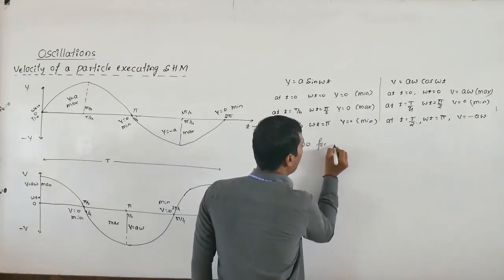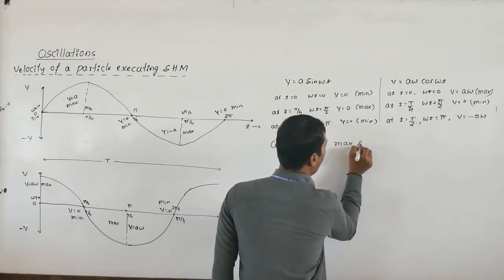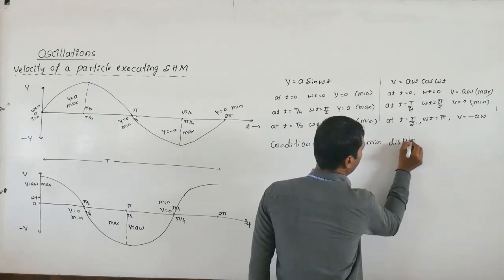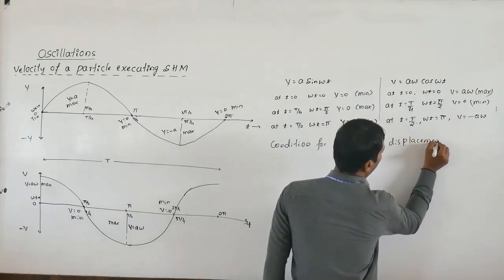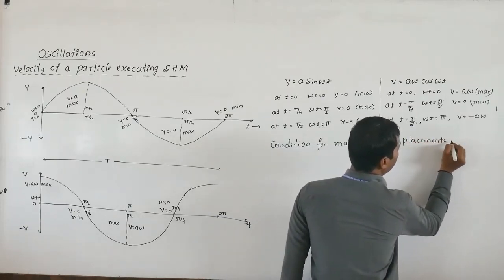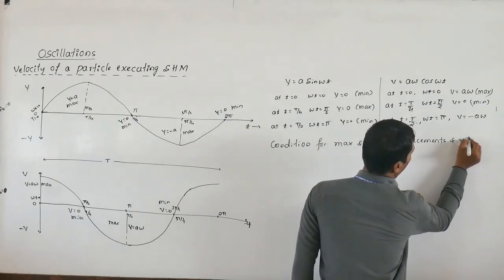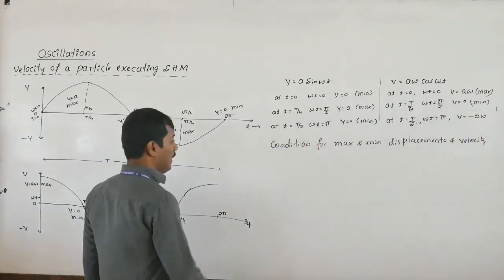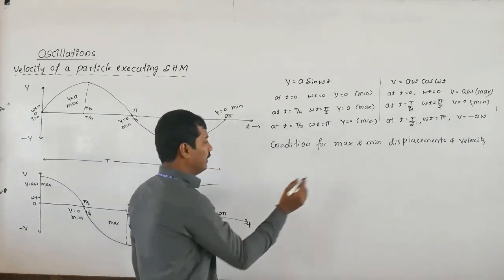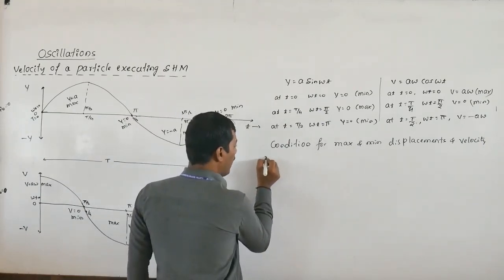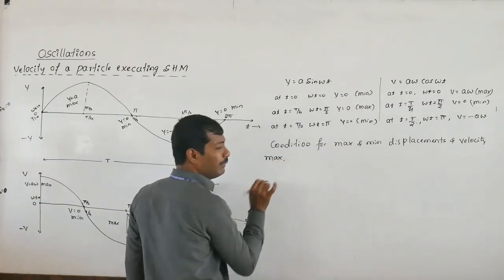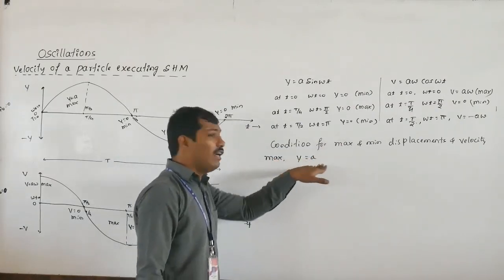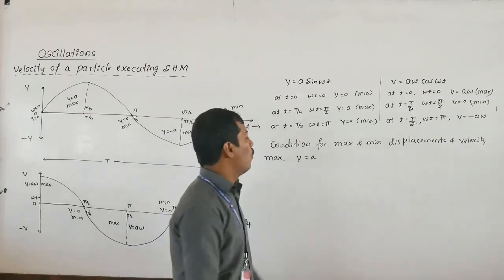Now, one important thing is the conditions for maximum and minimum displacements and velocity. Maximum condition: when the displacement is maximum, y is equal to a. When y is equal to a, what about the velocity?